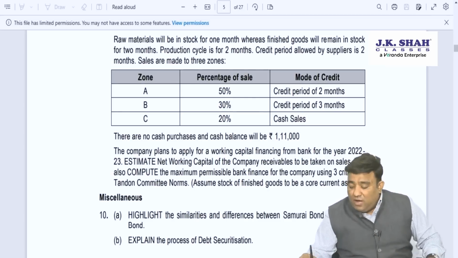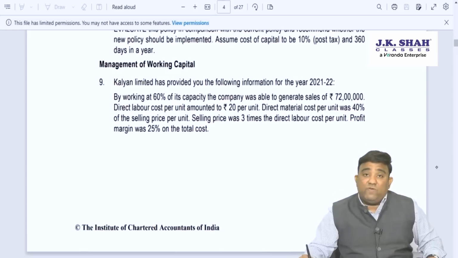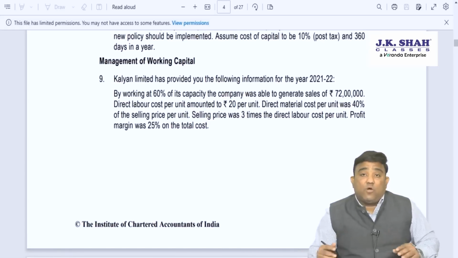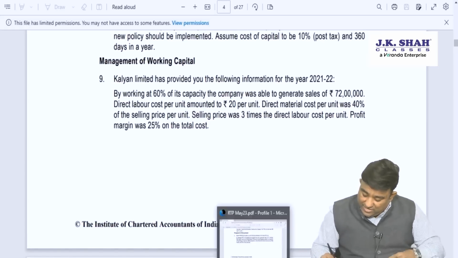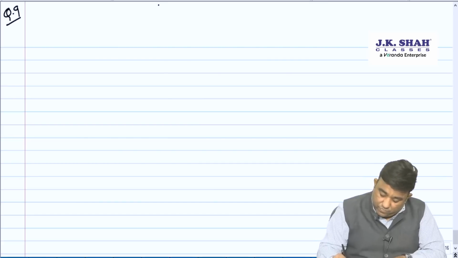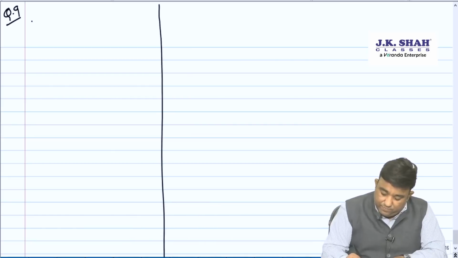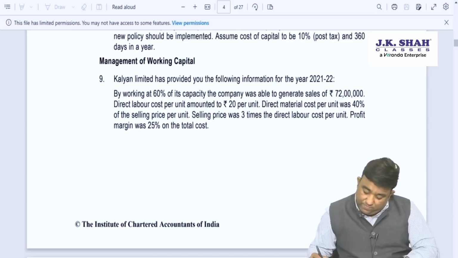Student, this is an amazing question. The best part about the example is you need to be very clear how you are going to draft the question. So let's start like this. Just for clarity, in the first line they have given Kalyan Limited is working at 60% and generating a sale of 72 lakh.